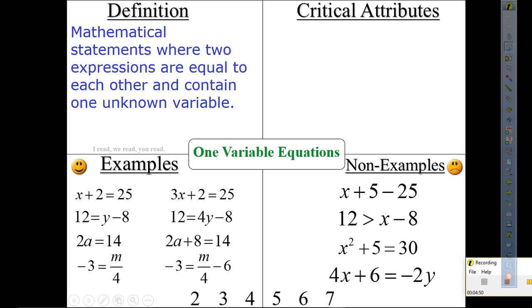As you're writing them down, think to yourself without saying it out loud why each one of those is not a one variable equation. All right, talk it over with your neighbor why each one of those is not a one variable equation.